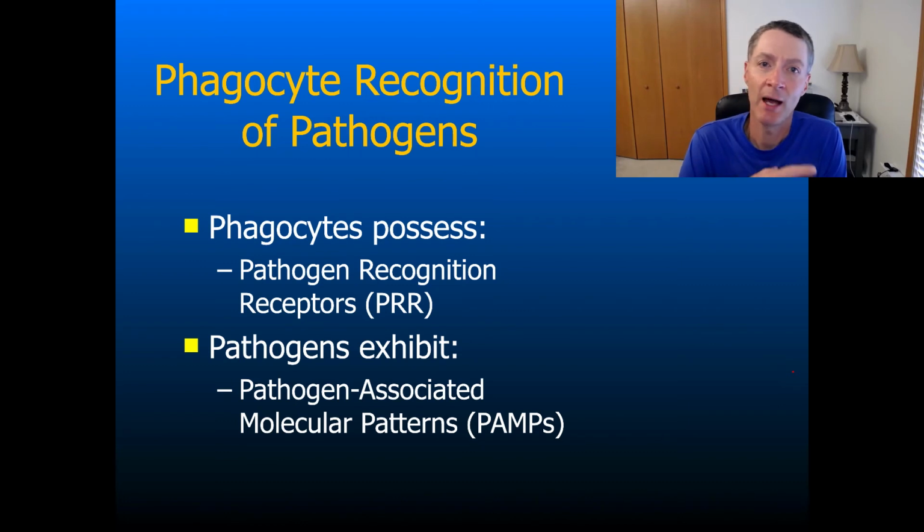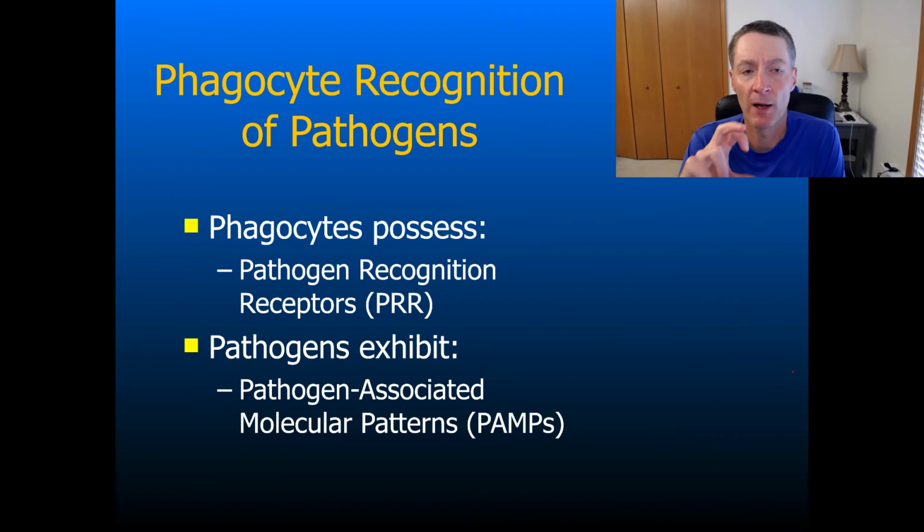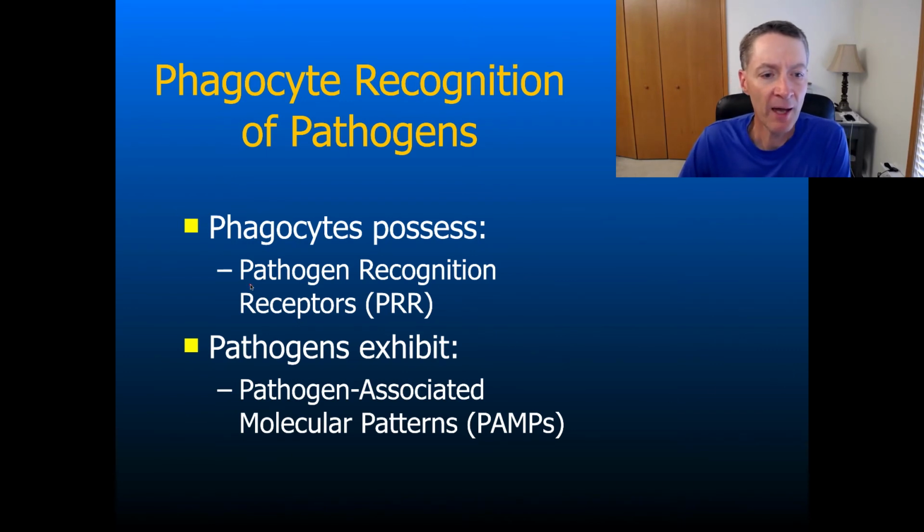I'm saying this is a non-specific response, and these phagocytes are in the innate or non-specific section of this unit, but they do possess what are called pathogen recognition receptors. Some reports will call them toll-like receptors, but these are found on phagocytes, and they give them the ability to recognize the pathogen, just like the name implies.